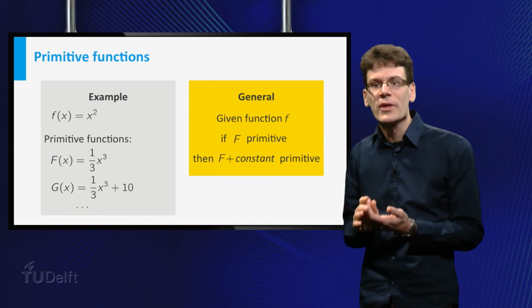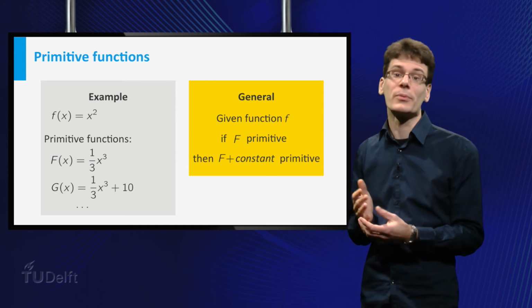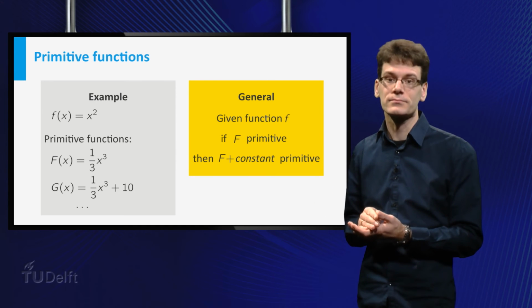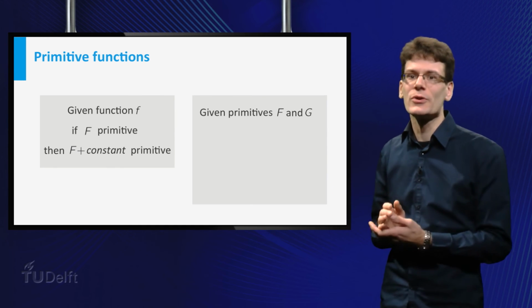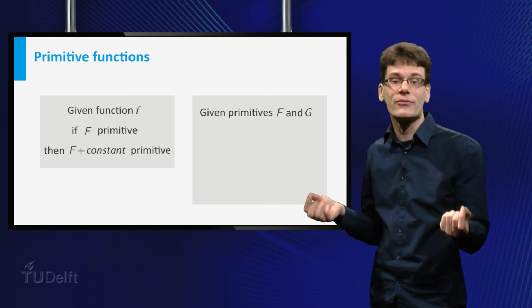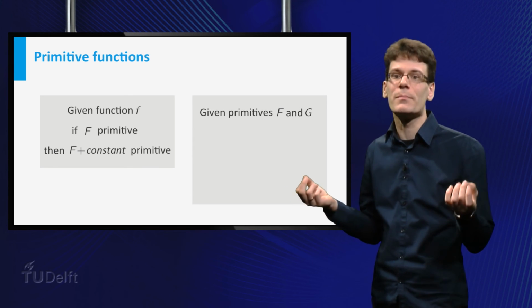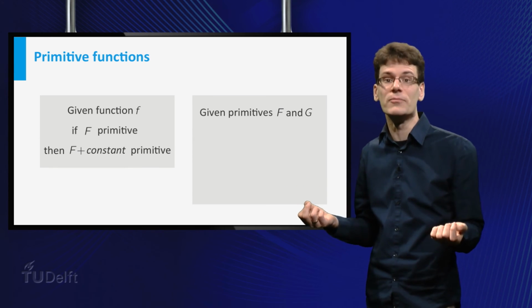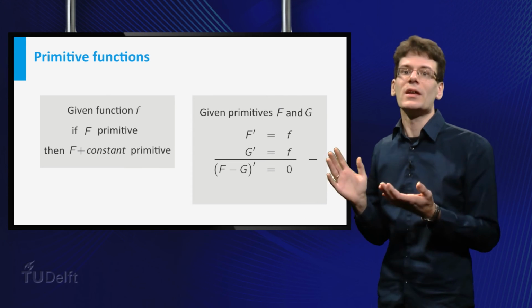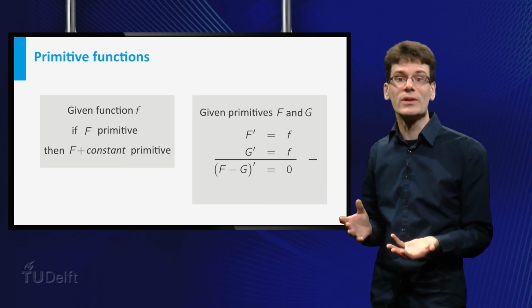This works in general. If you have a primitive function, you can always add a constant to get another primitive function. In fact, this also works the other way around. If you have two primitive functions, capital F and capital G, of small f, then they must differ by a constant on the interval of integration. To see this, note that both capital F and capital G have small f as derivative.